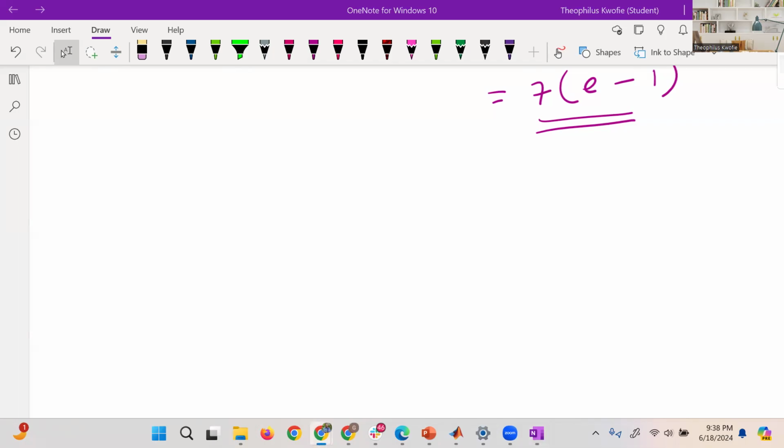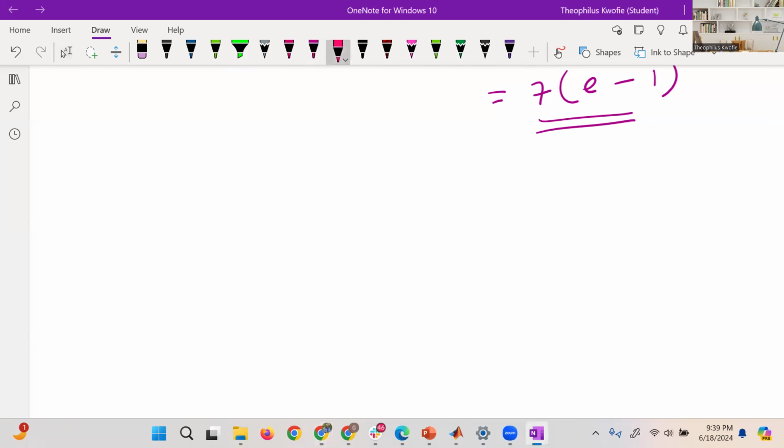So let's look at another interesting problem and see how best we can solve that. I'm trying to look for maybe a more complex one for you.